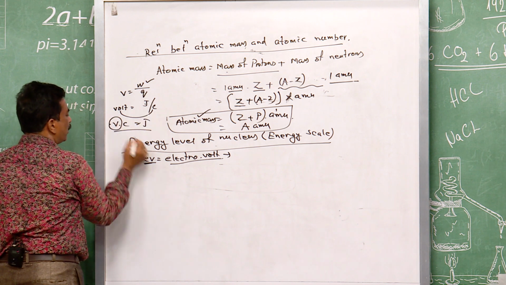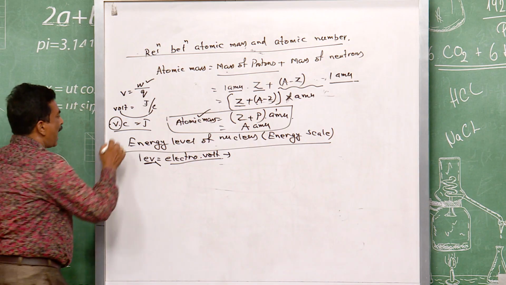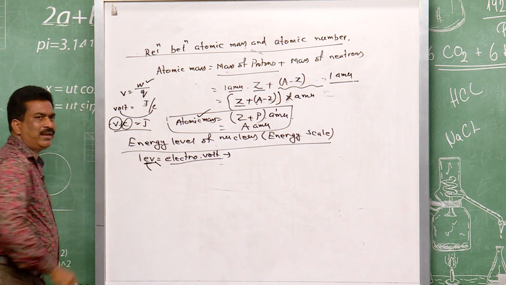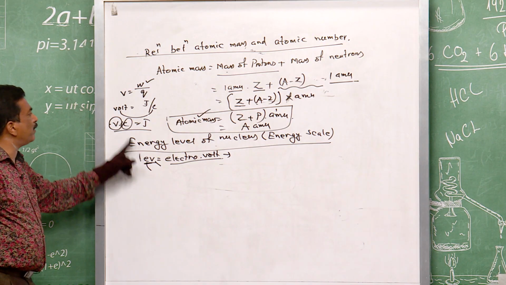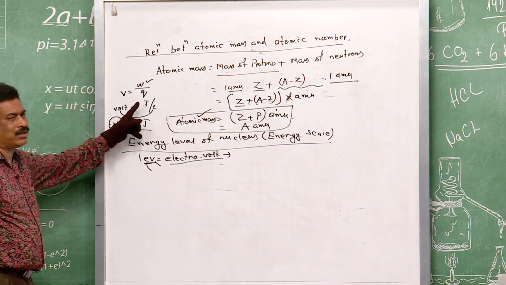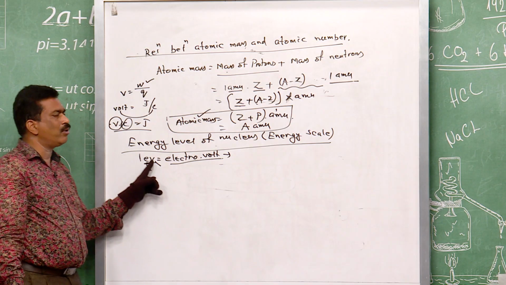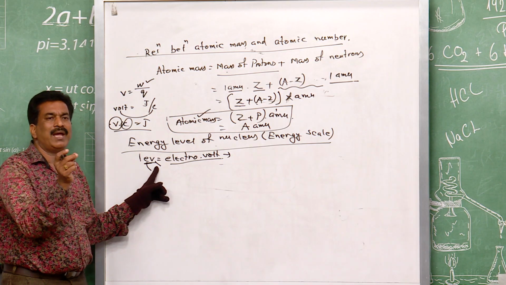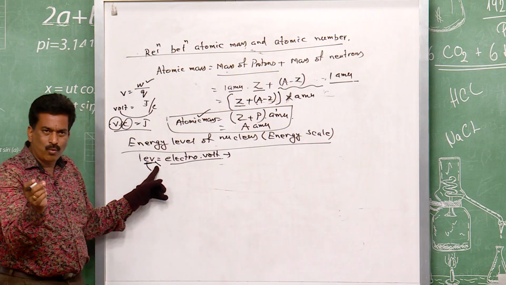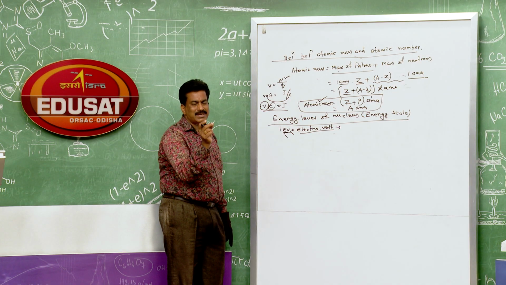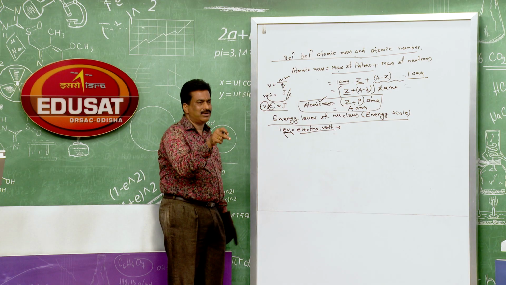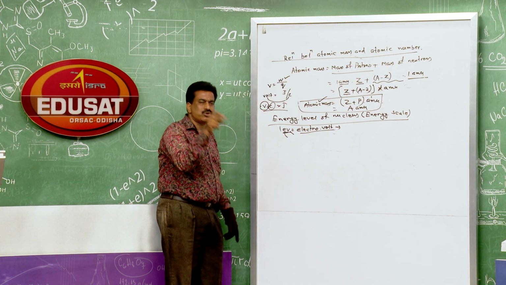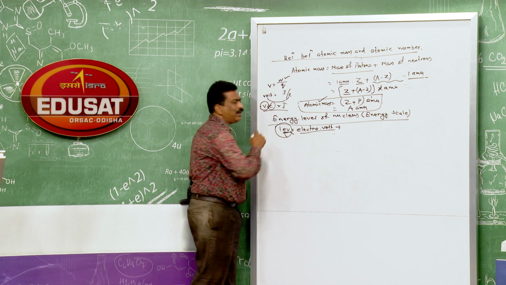So the volt is for this V, and the coulomb is for the electron. Means for 1 electron, the amount of energy which is required to cover a potential difference of 1 volt, that is known as the electron volt.